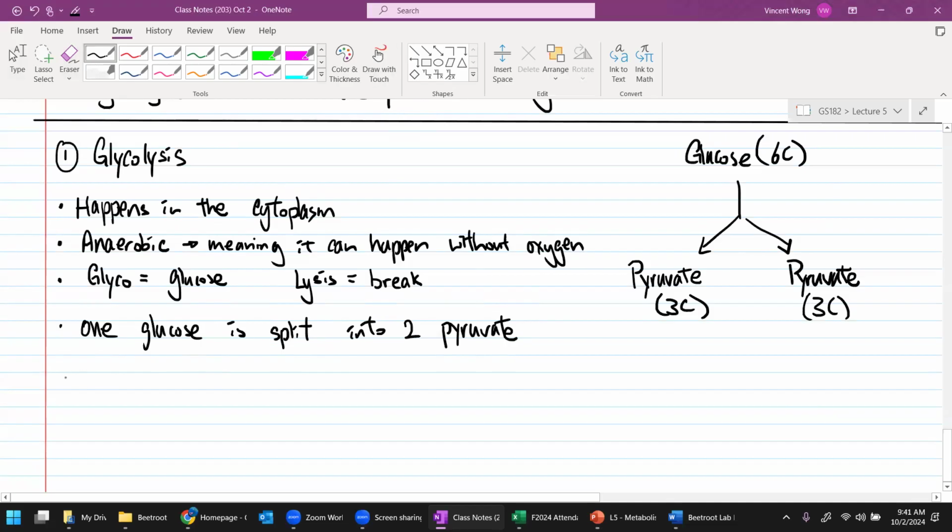Okay, what else can we tell? Okay, so there are actually 10 steps, okay? But we're not going to learn the 10 steps. Right? We can separate the steps into first 5 steps and last 5 steps. Okay.